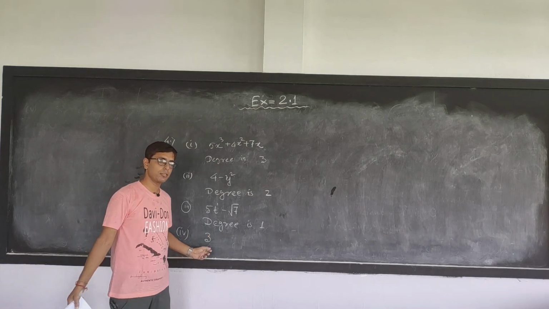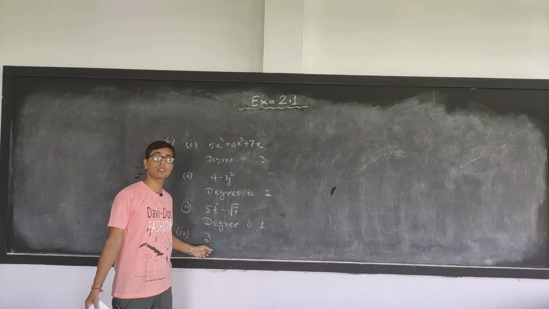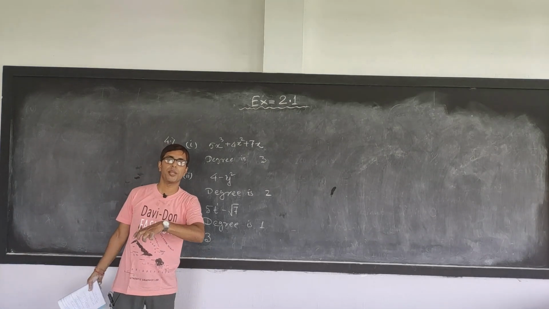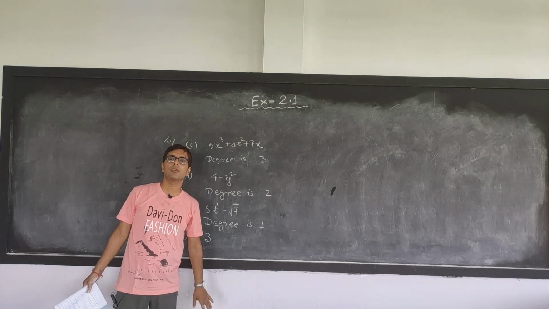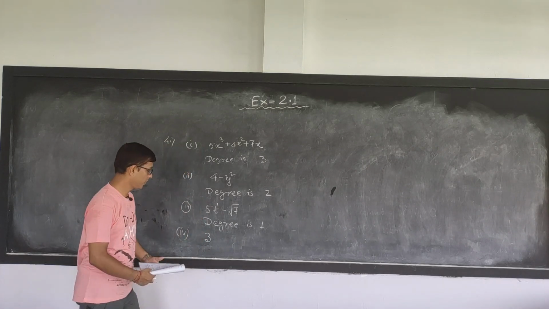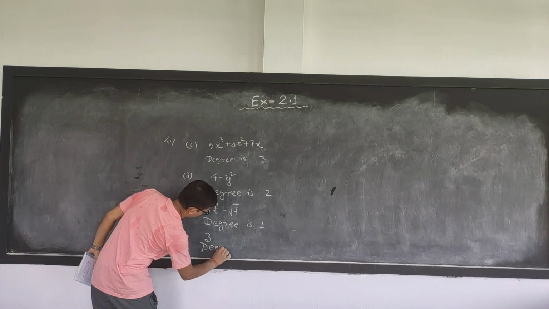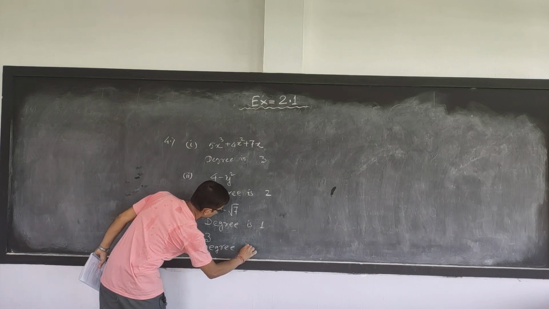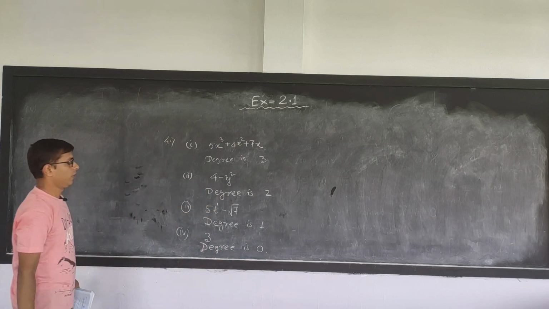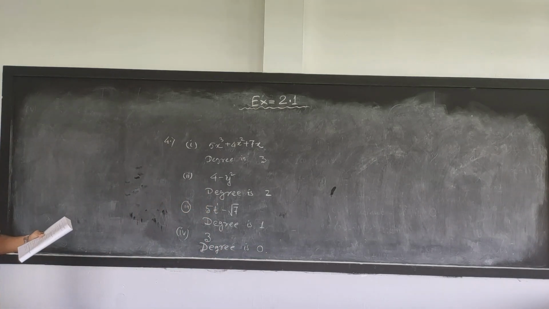Is it a polynomial? Yes, it is a polynomial. What type of polynomial is this? Constant polynomial. What is the degree of the constant polynomial? 0, I said. So the degree is 0. So hope you have understood up to here.